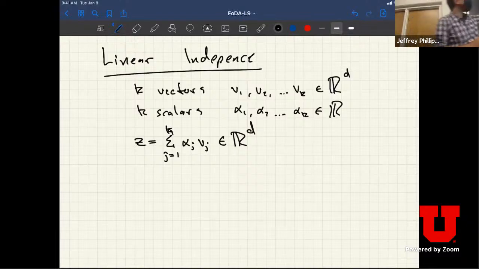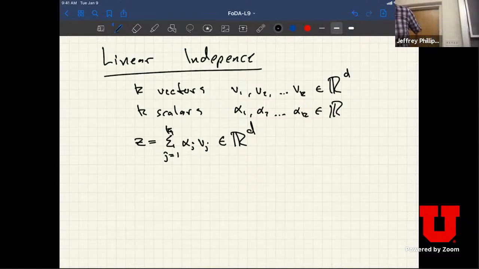So if alpha is 2, then I'm multiplying all the coordinates by 2. So alpha times v gives me back another vector, and then I'm adding vectors together. The book uses x instead of v's here, but this is fine for now.